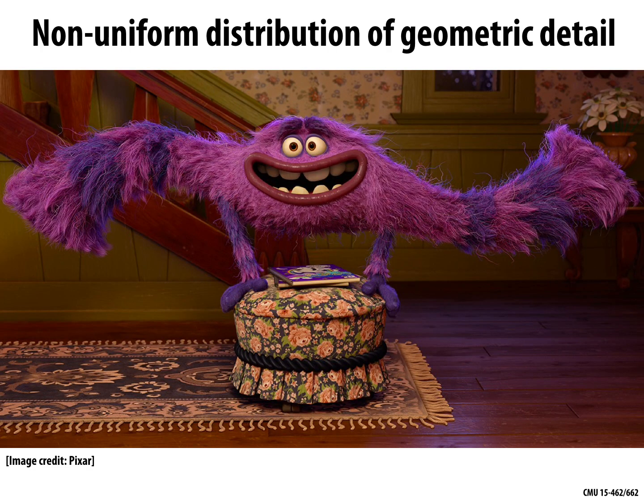Here's a nice example where we have a sort of non-uniform distribution of geometric detail. We have this object with lots of hair and fur on it. If you think about just ray tracing the hair, maybe that's something like our blades of grass, but then this object is sitting inside this bigger room, which has much simpler geometry. The stool, the stairs, the window, and so forth.